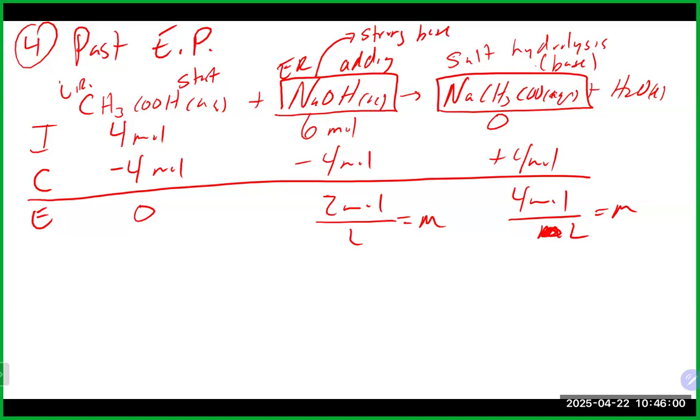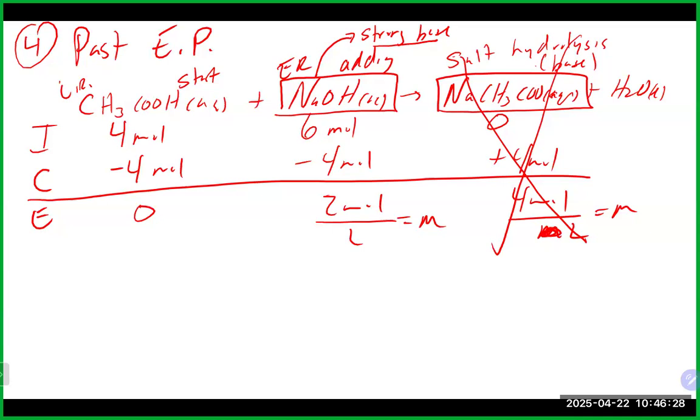Now, between the two, which one should be probably the major contributor to the pH in this case? It is the strong base, yeah? So this guy's got to go find some water and do a little hydrolysis reaction to produce it. Sodium hydroxide simply needs you to open the burette and drop it in, right? And that's going to produce hydroxide really quickly in that solution. So sodium hydroxide is a much stronger base.